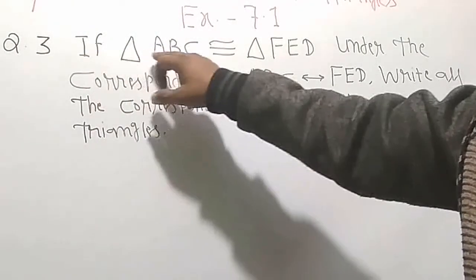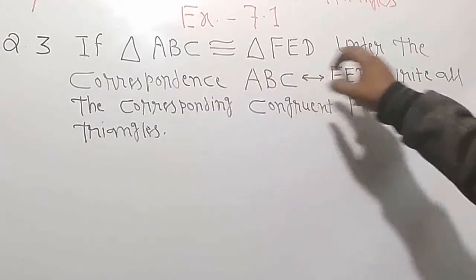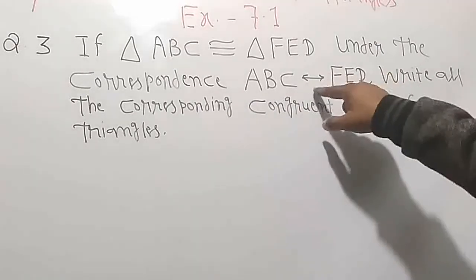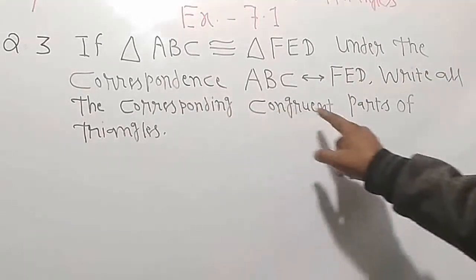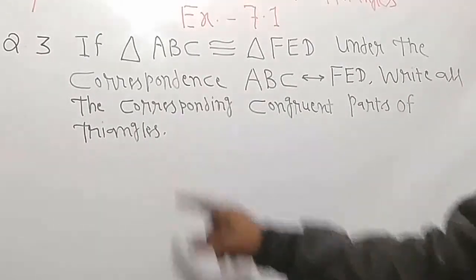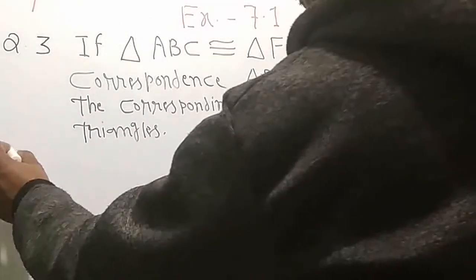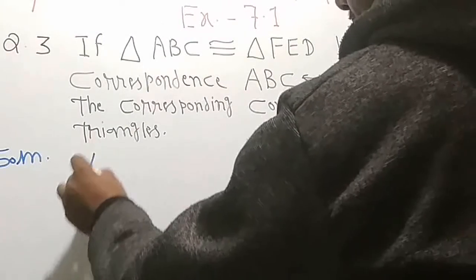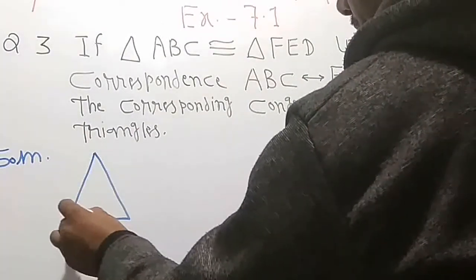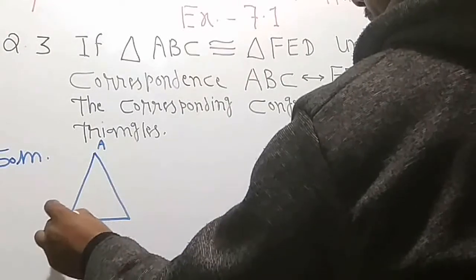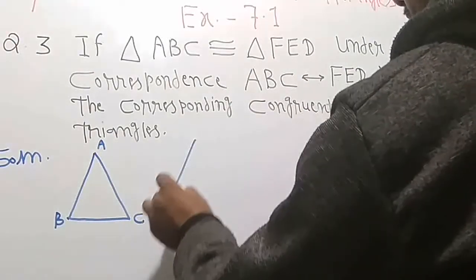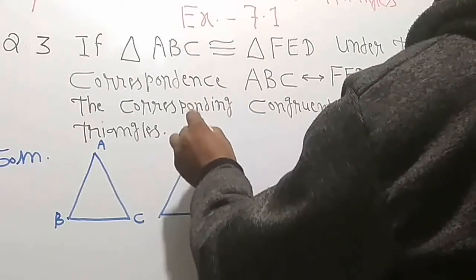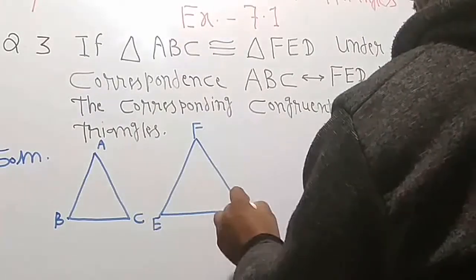Now the question number 3, if triangle ABC is congruent to triangle FED, under the correspondence triangle ABC is corresponding to FED. Write all the corresponding congruent parts of triangles. So in solution we can write, suppose this is our first triangle ABC, and this is our second triangle FED.